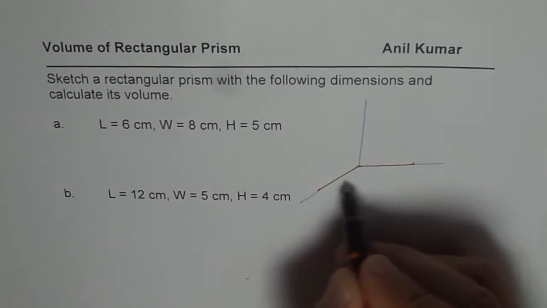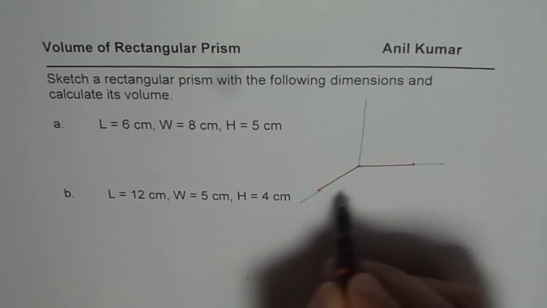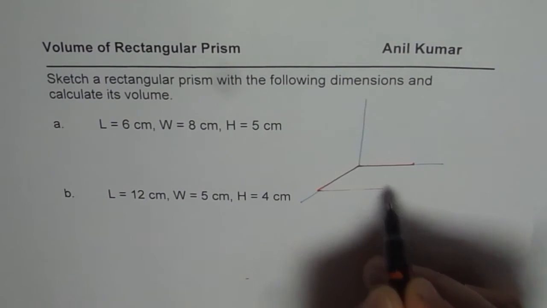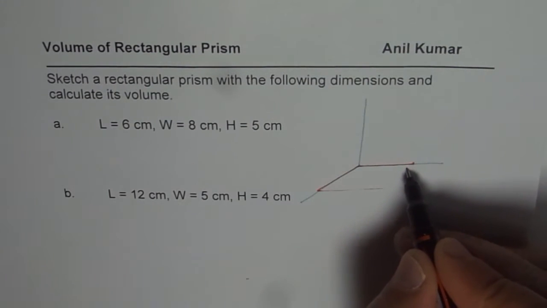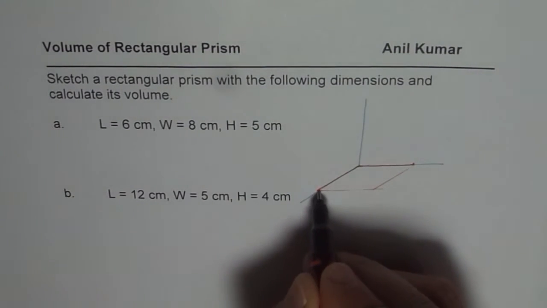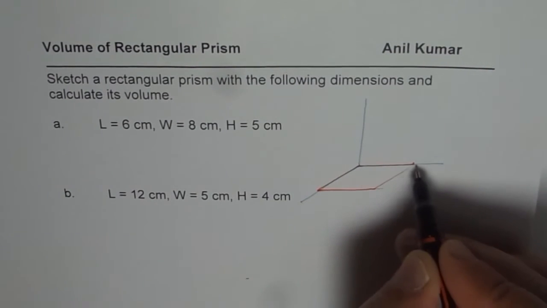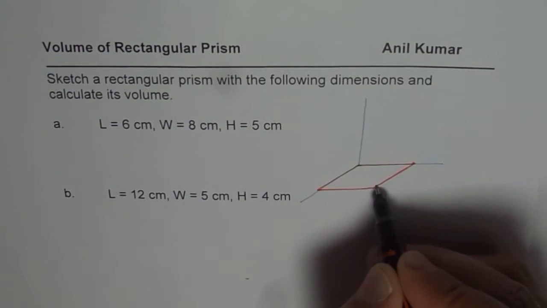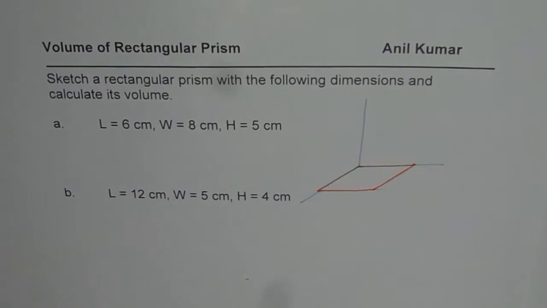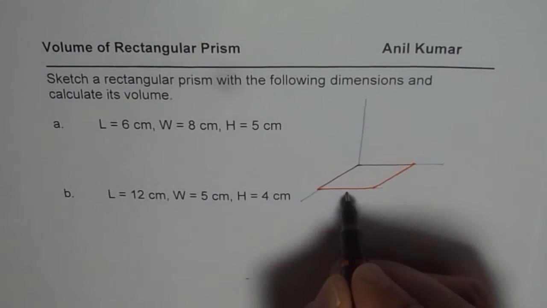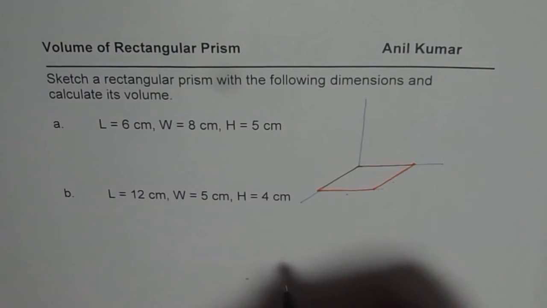First, using length and width, you can draw parallel lines here, and this one coming parallel to that line. Do you see that? So you get the base. The first thing is to get the base of your prism, because of the length and width. So you can say this is 6 and that is 8.